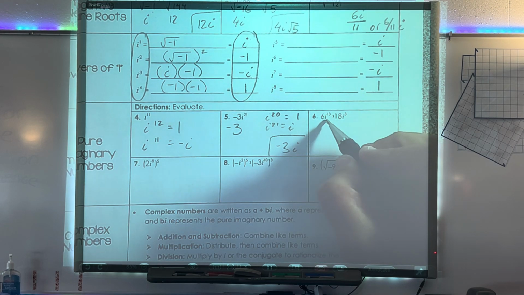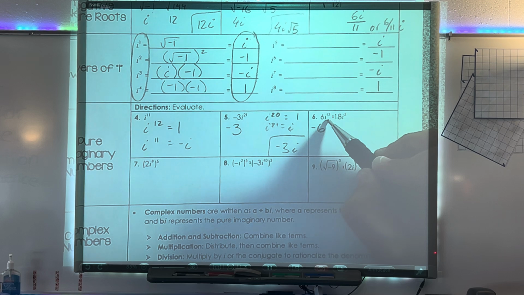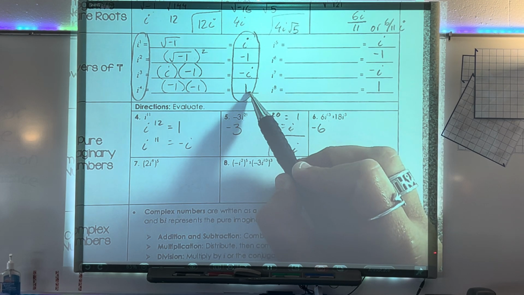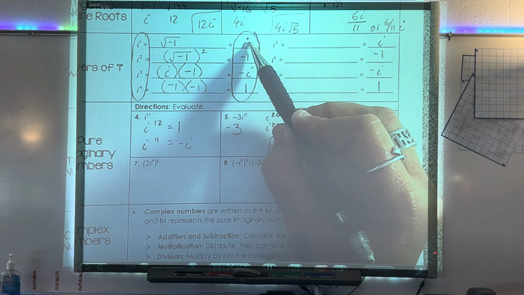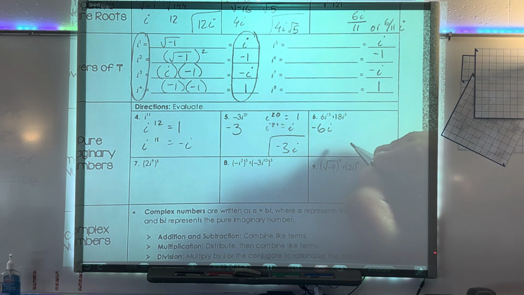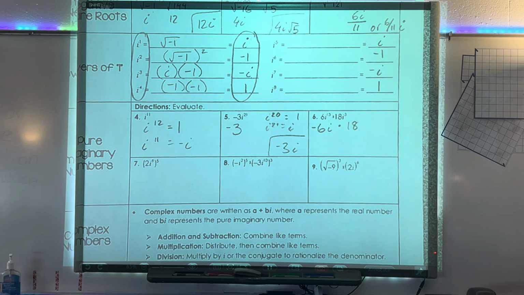Alright, so this one, I've got negative 6 times i to the 13. Well, 12 would be right here, which means 13 is here, so that would be negative 6i. And we're multiplying that times 18 i to the 3rd.